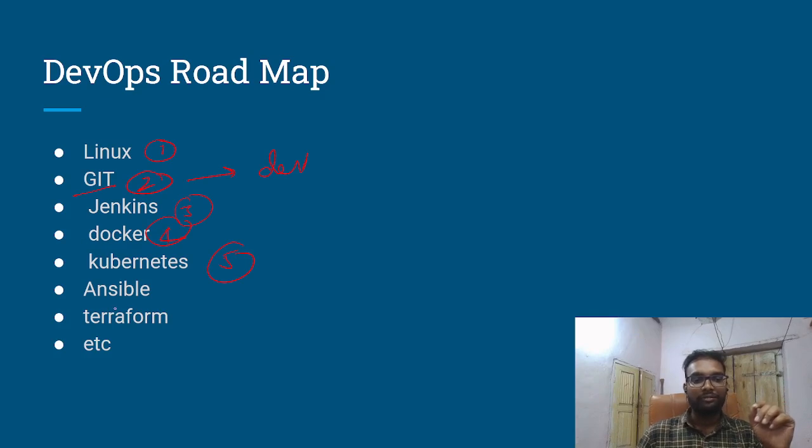Next we are going to see Ansible and Terraform. They are infrastructure as code tools, and we'll use them for provisioning resources. There are many other tools which I have not covered here, but we will see them as we learn each topic.